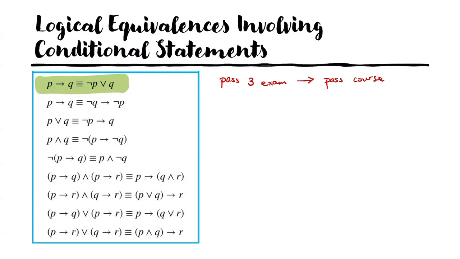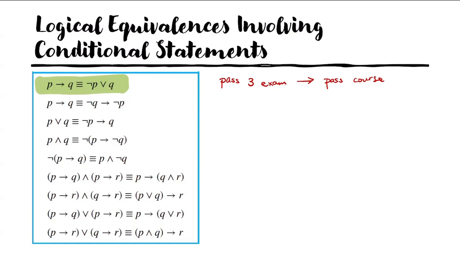Now, this statement is the same as saying that the student will either not pass the 3 exams or they pass the course.